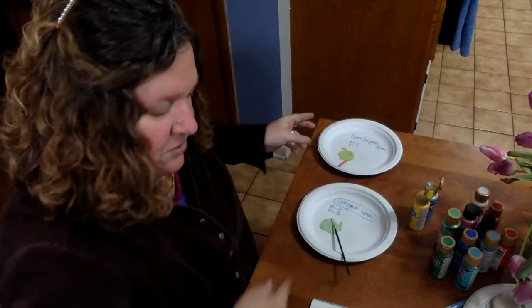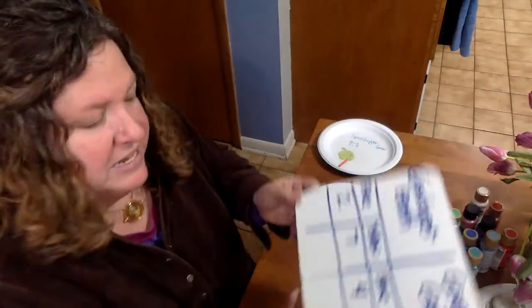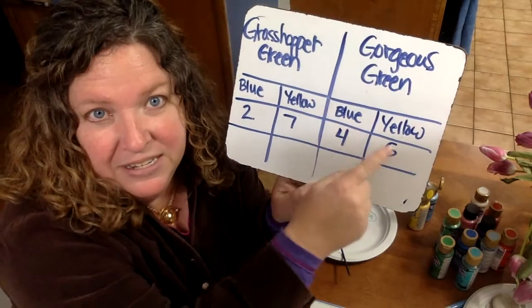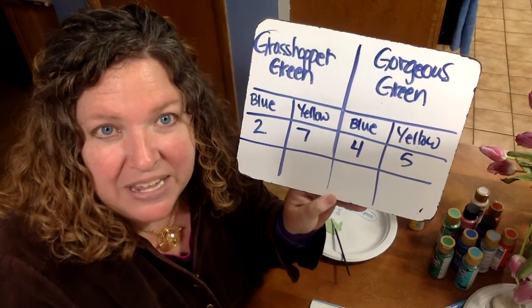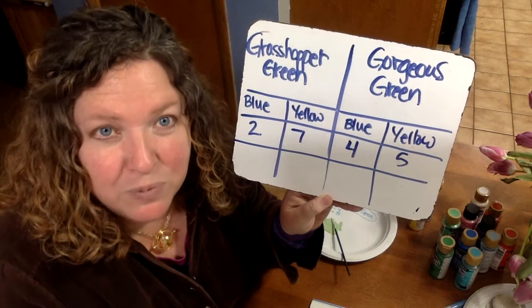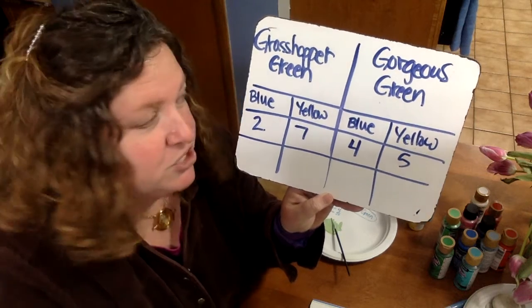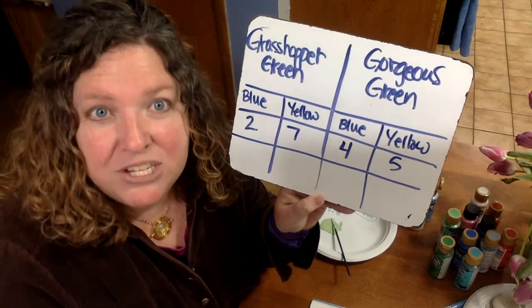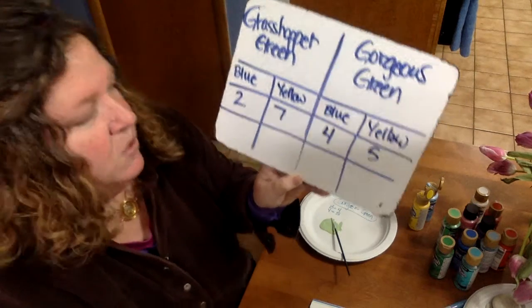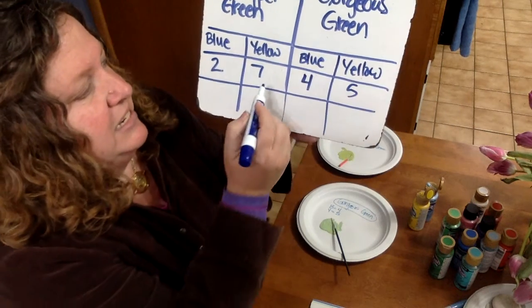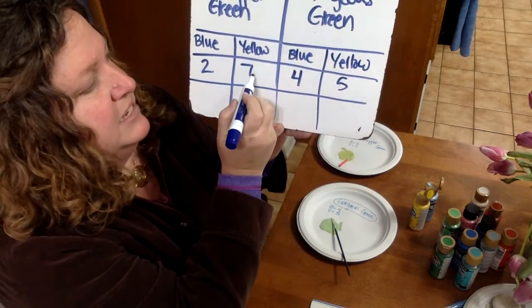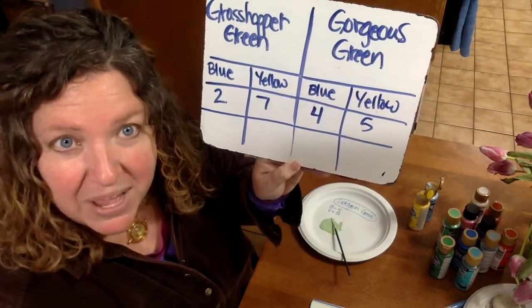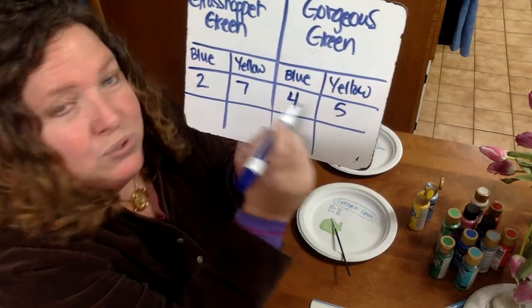Well, one way to do that is to make one of the colors the same amount, and then make an equivalent ratio for the other color to try to look at the numbers in some kind of a matching way. So one way to do that is to take the number of drops, in this case 7 and 5, and find a product of those two.